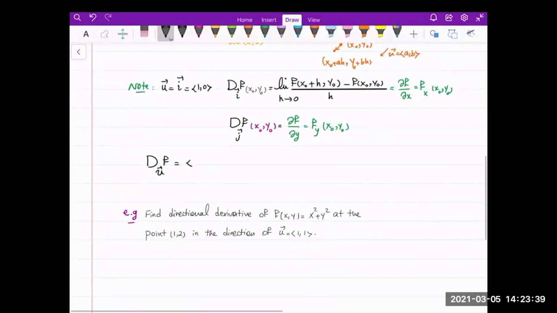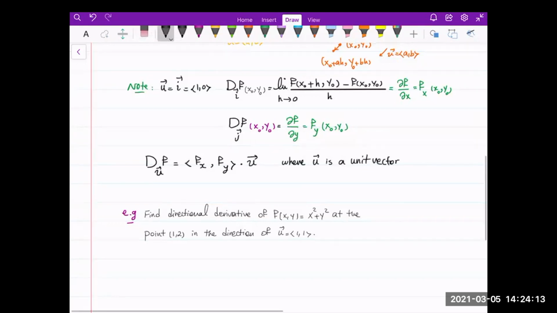The first vector is the partial derivative with respect to x and the partial derivative with respect to y. The second vector is the vector u. But the u that you need to put in here is a very specific u. And what is that? Where u is a unit vector. I'll write it like that. What do I mean by that?